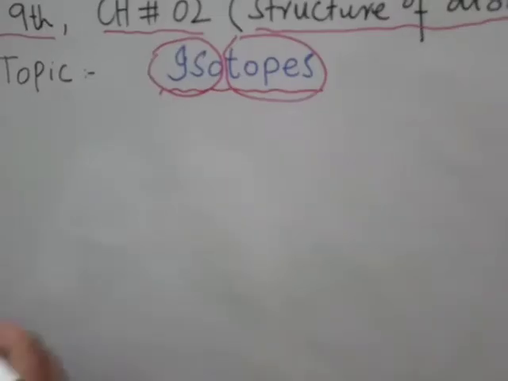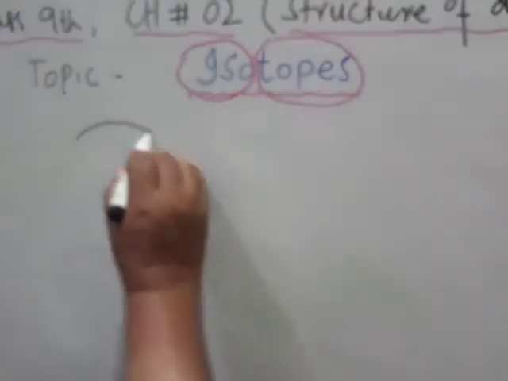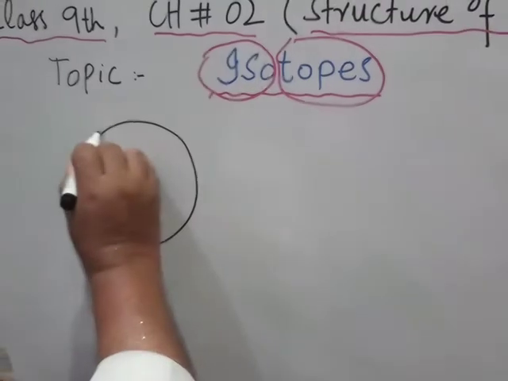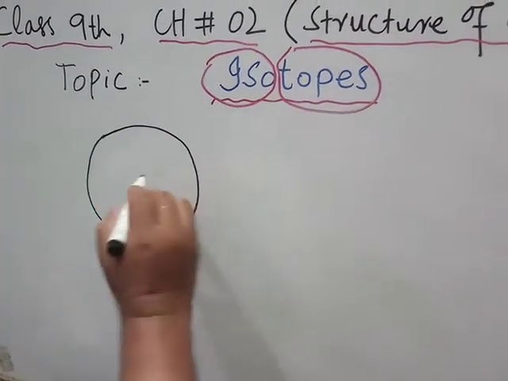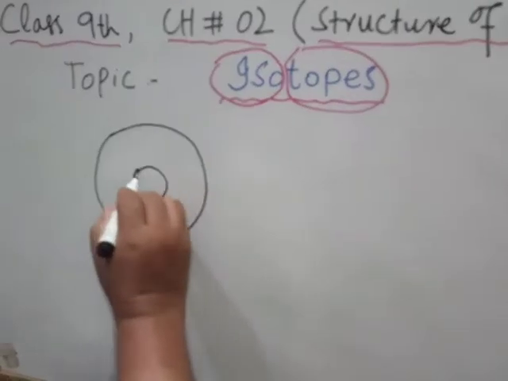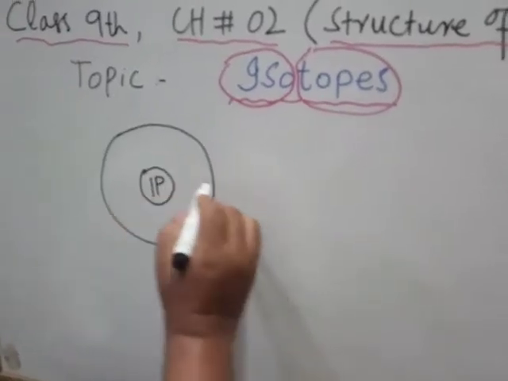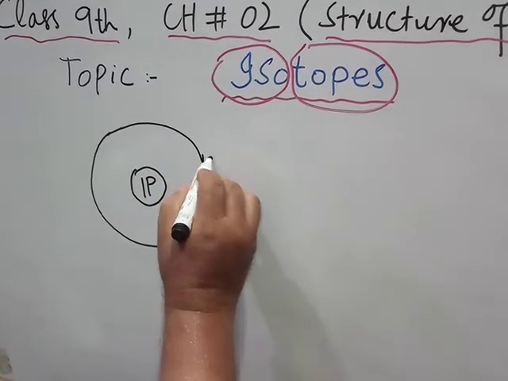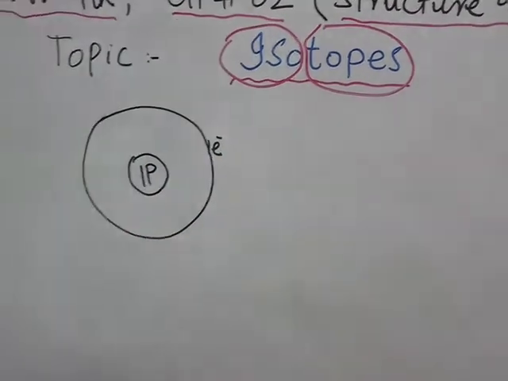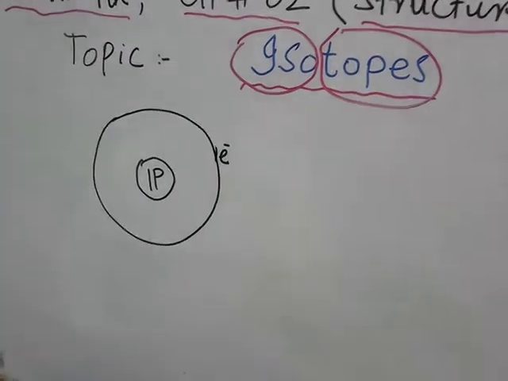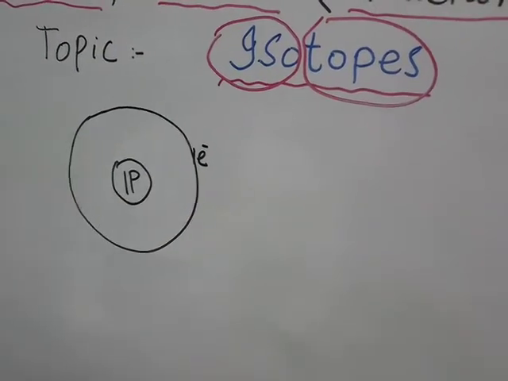The first isotope of hydrogen, this is the nucleus, it has only one proton and one electron, P for proton, E for electron. This isotope has no neutron.